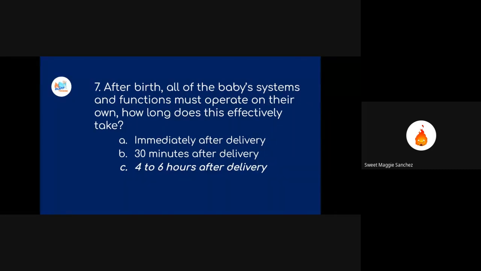Surprisingly, it takes around 4 to 6 hours after delivery for the baby's systems to function independently. Like, the baby is a human person. It's not like there's an on and off button where you're no longer with your mommy, you're separated. It's not a snap. Usually, it's slow. The cells also try to adjust after childbirth.